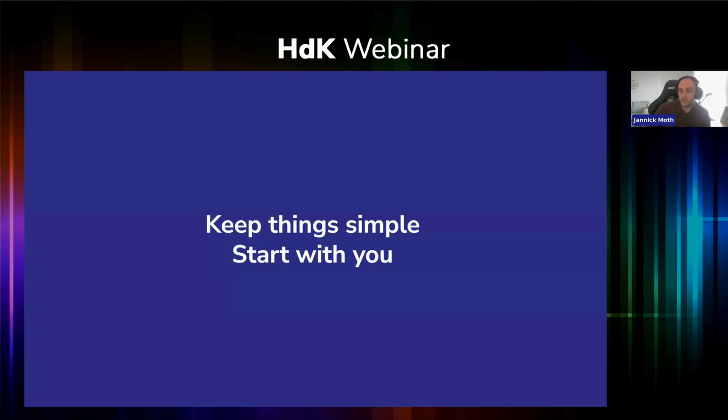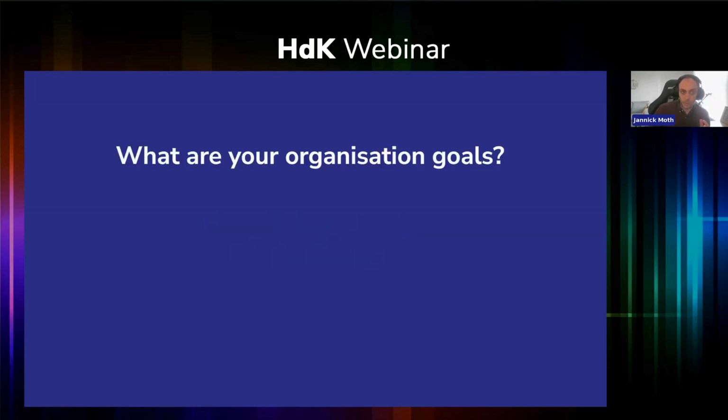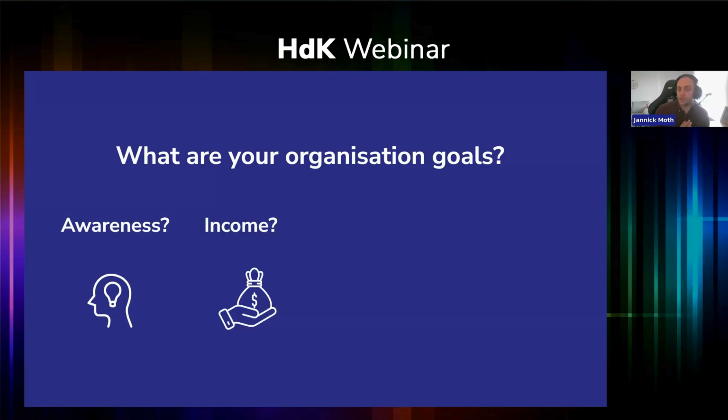Keep it simple. What are your goals? Think about the key income outcomes you want as an organization. So it could be awareness, that you're wanting to build awareness of what you're doing, or awareness of something that's happening, or maybe your goals are income. You have a direct income goal where you're looking for a certain type of metric, or you're trying to reach a certain type of sales on tickets, for example.